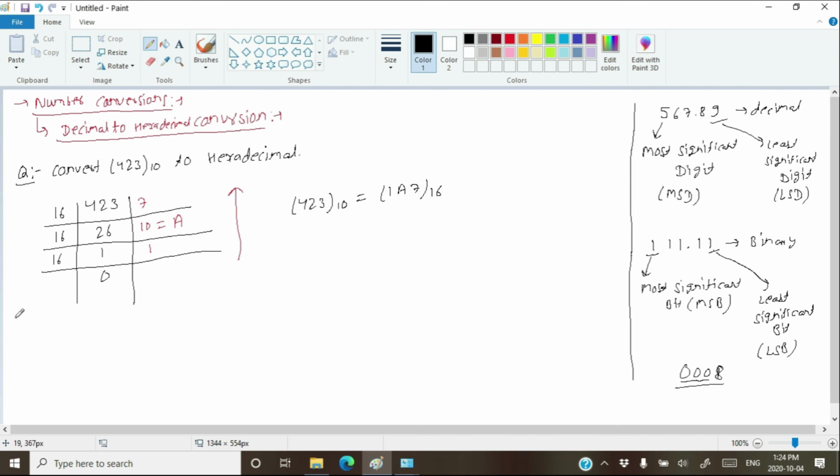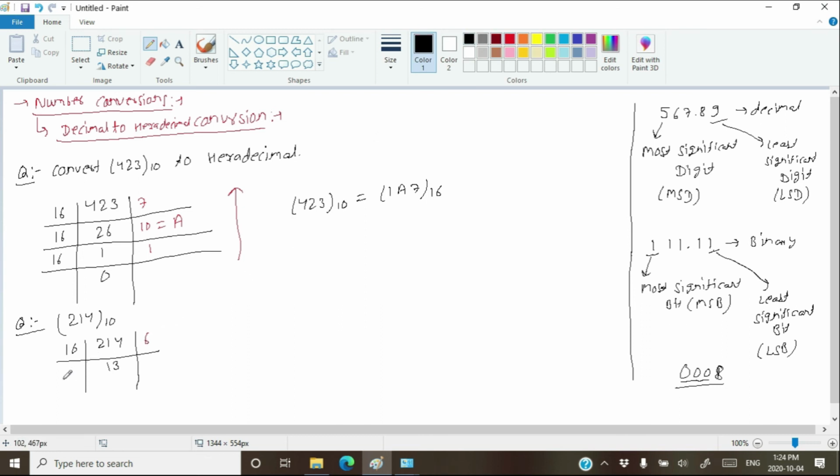Let's take another question of decimal to hexadecimal conversion. At this time we have to convert 214 which is given in base 10 to the hexadecimal. How will you be able to do it? Divide the 214 by 16 to get 13 as the quotient and 6 as the remainder.